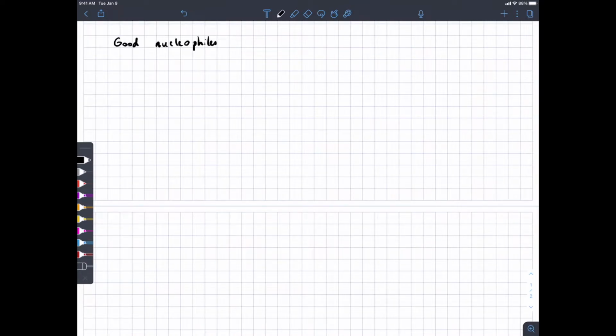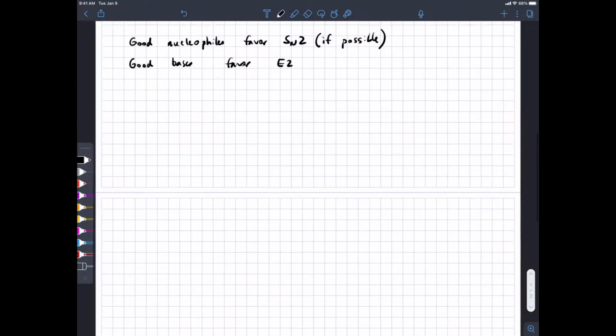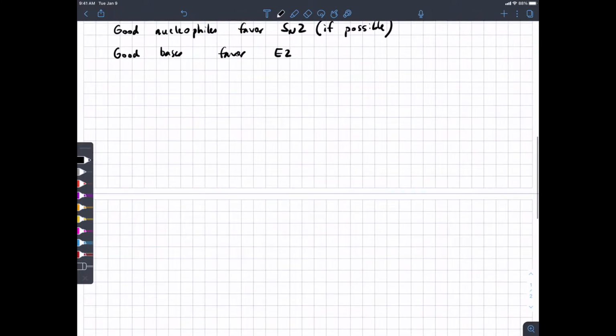Good nucleophiles favor SN2, (in parentheses, if possible, because alkyl halide structure also matters). Good bases favor E2, and E2 is always possible, so we can sort of pause there.